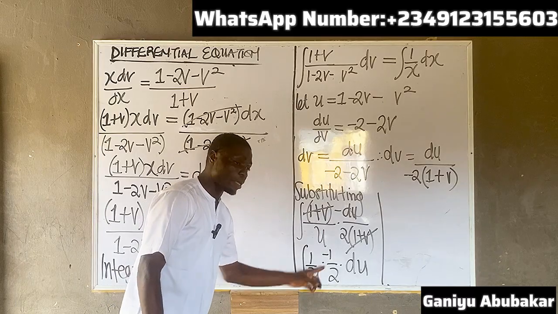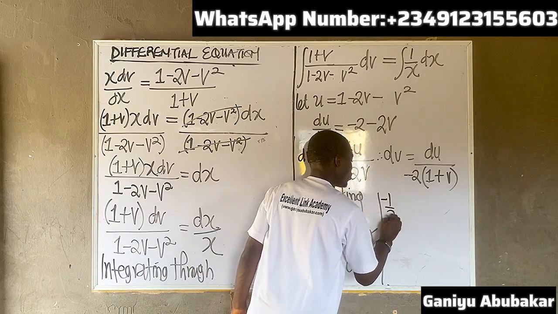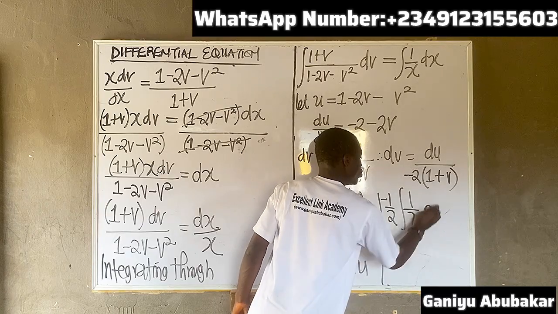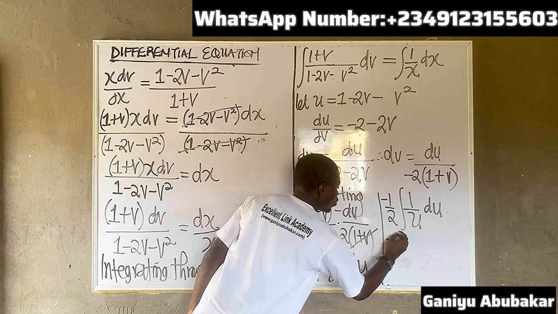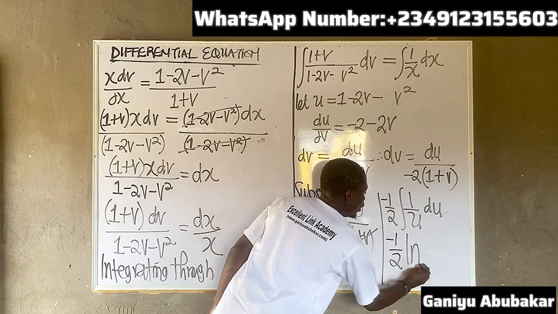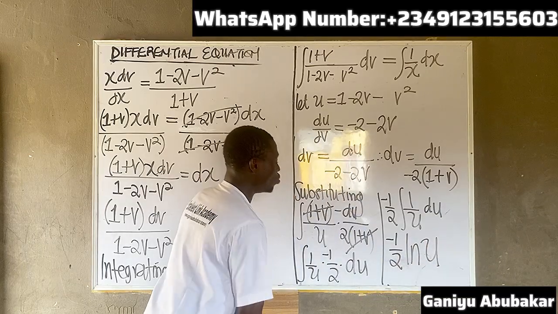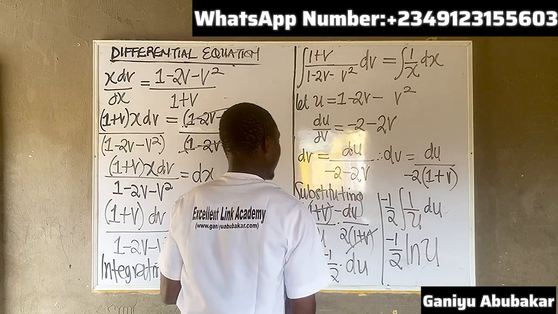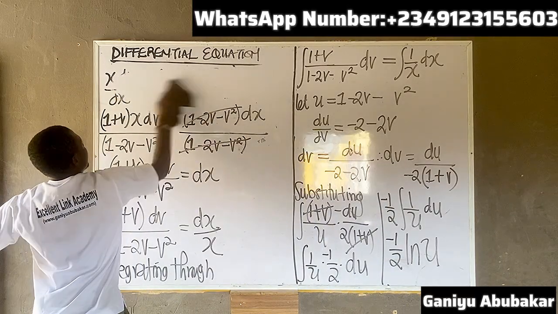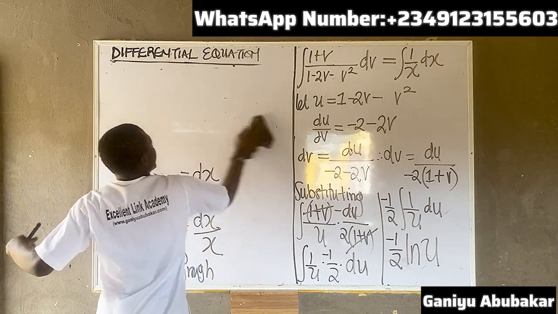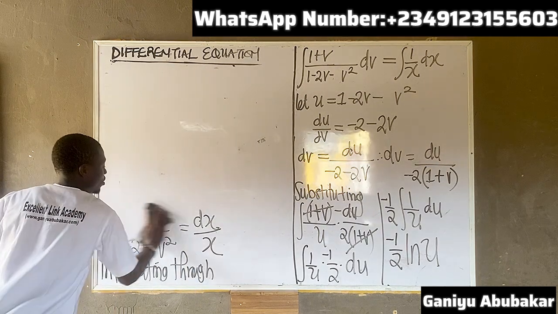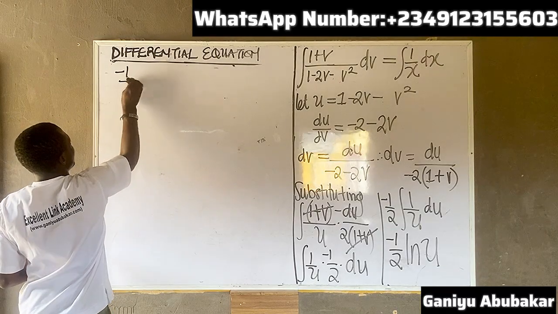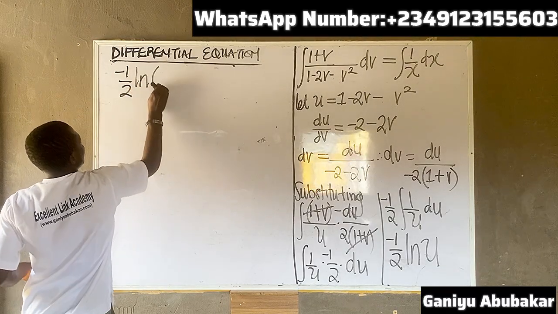Bring out one constant term outside, that gives you minus 1 over 2 integral of 1 over u du. That gives you minus 1 over 2 ln u. What is u? Let's put u there. From here, that gives you minus 1 over 2 ln into, what is u?